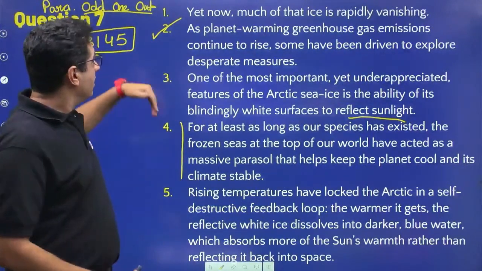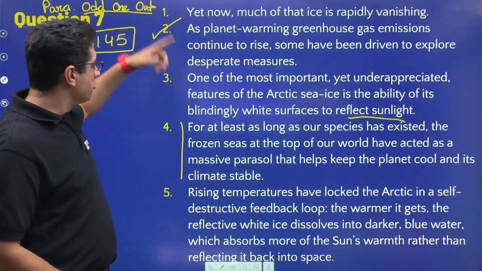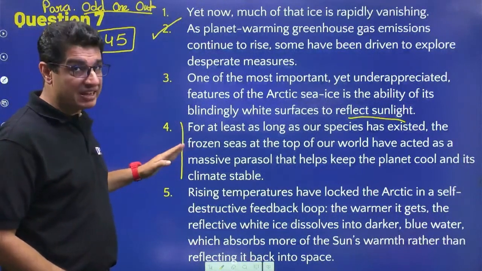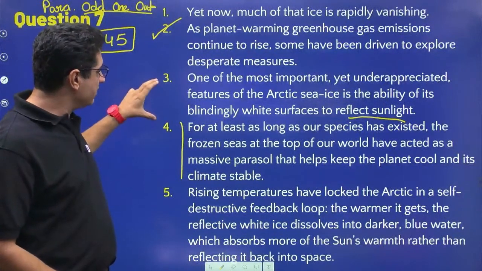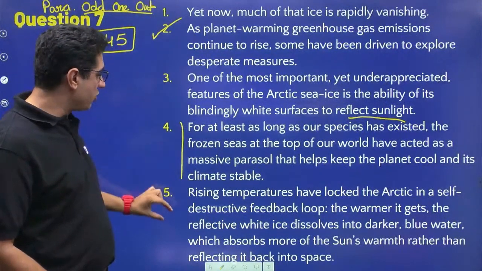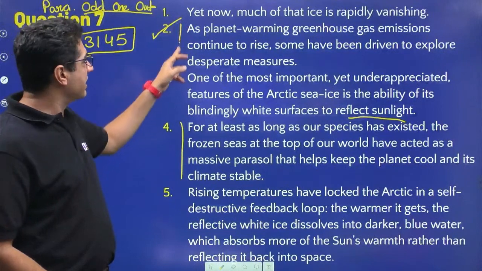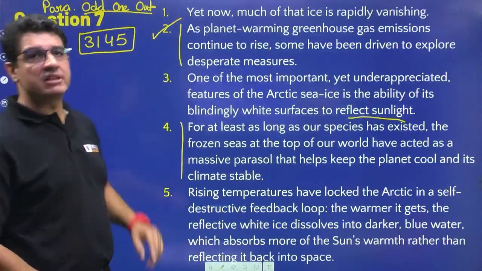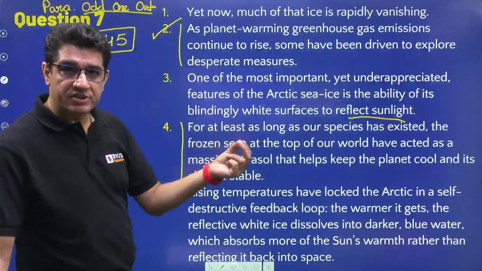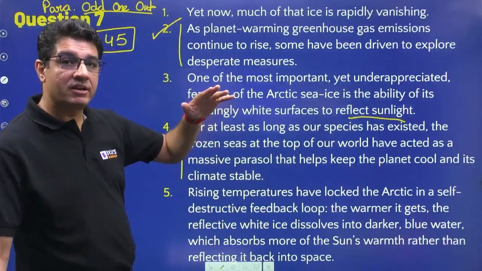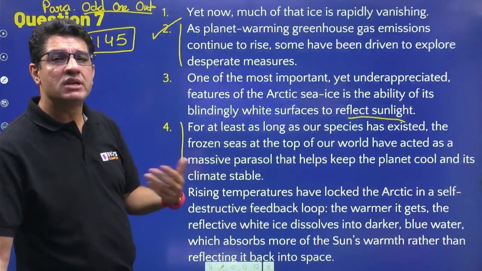But then the moment you switch from third to first, you'd not be able to write 4 anywhere. And that is why it is important to write these 2 together and then write 1 followed by 5. If you look at second, so these 4 sentences, 3, 1, 4, 5, they are essentially talking about the Arctic sea ice, how it reflected, and now it does not, leading to some problems.